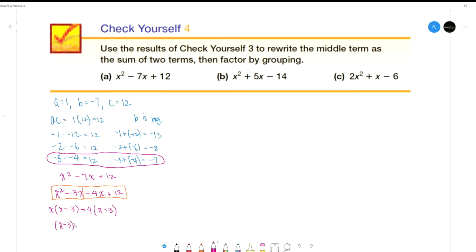In the first group we have just x, and in the second group we have minus 4. So now we have our factors of x minus 3 times x minus 4 as our solution. Okay, any questions with that one? We're good? All right, I'll let you try.